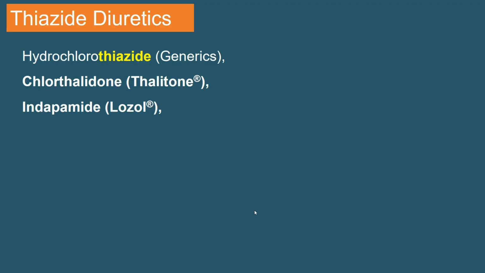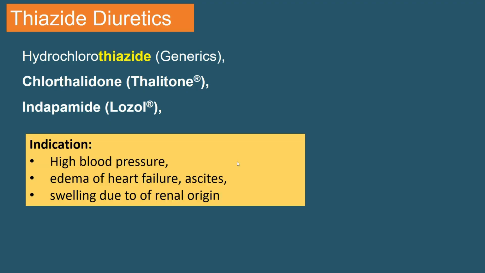Next comes the thiazide diuretics. The most popular drug in this class is hydrochlorothiazide, widely used alone or in combination with other antihypertensive drugs. Today we're looking at hydrochlorothiazide, chlorthalidone, and indapamide.